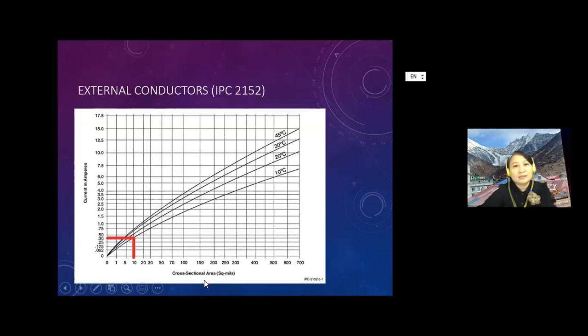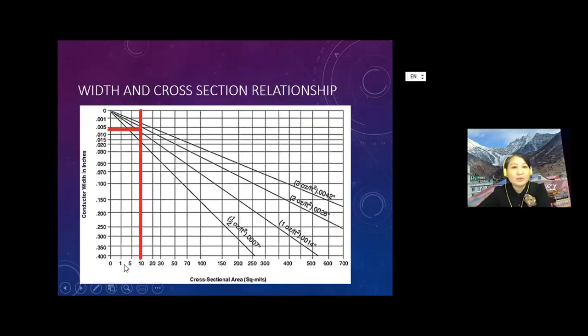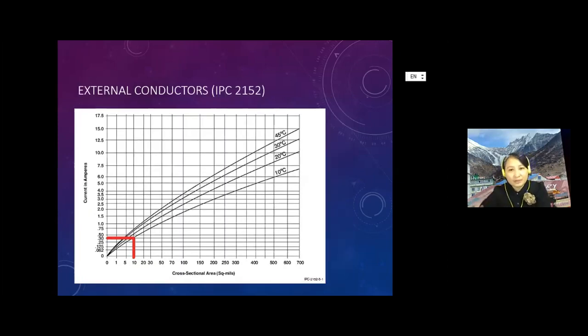And if I go to the next slide, based on the 10 square mil, depending on the thickness or the weight of the copper, I can choose what is the conductor width in inches. And then you can convert it to SI units, no problem. So if I'm using 1 ounce or half ounce, I can correctly estimate, with this kind of amperes current, I will design for 10 degrees Celsius, which is cool, meaning the board will stay cool.